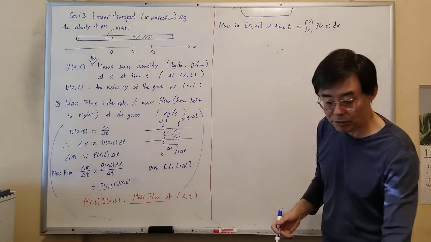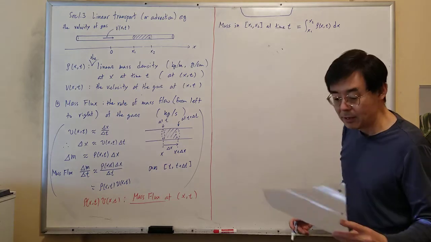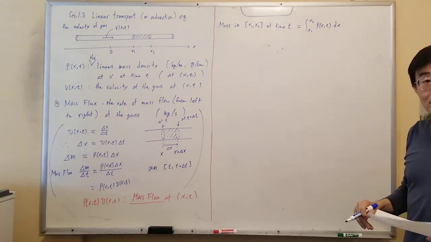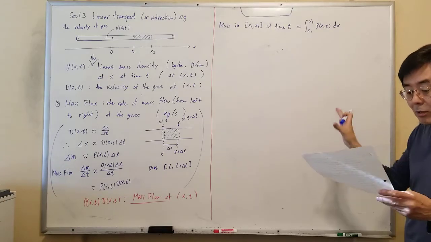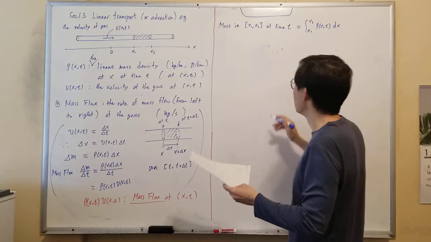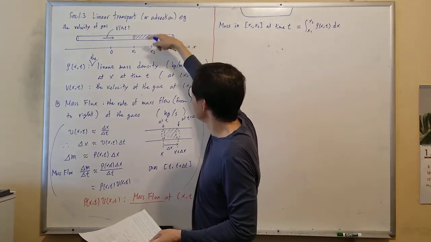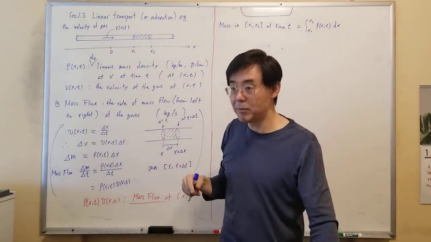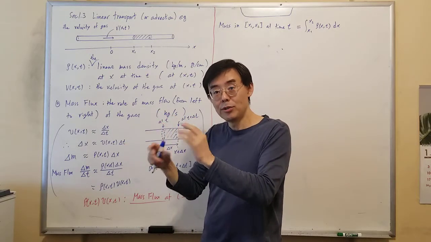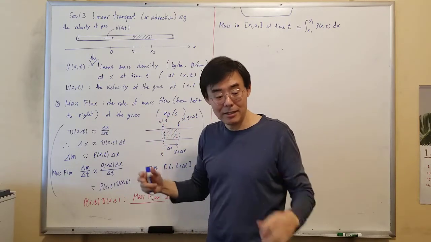You're integrating with respect to x, right? By definition of linear mass density, integration of linear mass density will give you total mass along a certain section of the pipe. Now, we are assuming that this pipe is impermeable, which means that your gas cannot go through the wall. There's no leaking, right?